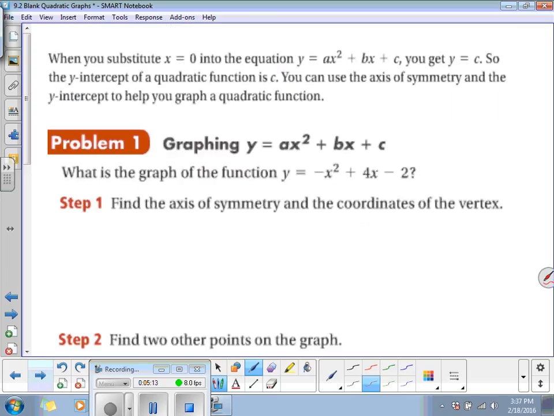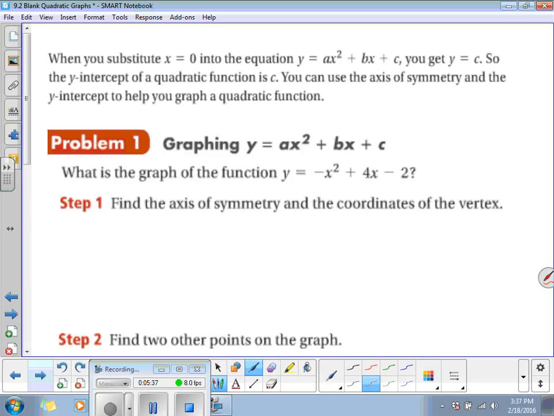So, problem 1 is graphing y is equal to ax squared plus bx plus c. When you substitute x equals 0 into an equation, y is equal to ax squared plus bx plus c, you get y equals c.